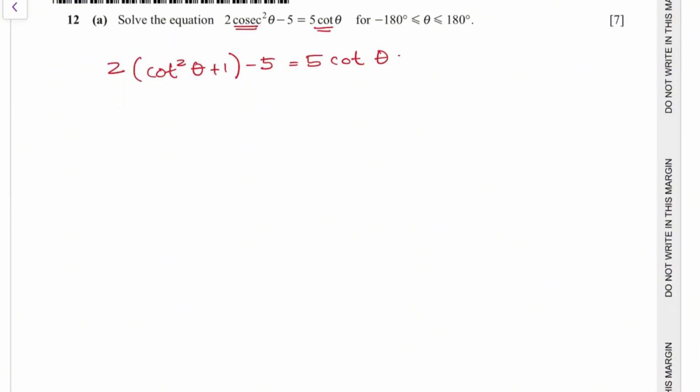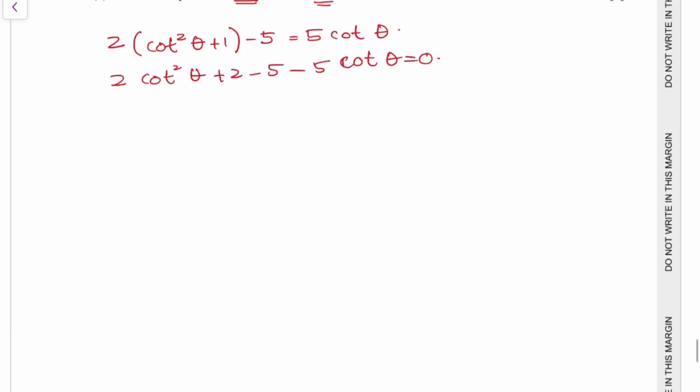You can expand this. You will be having 2 cotangent squared theta plus 2 minus 5 cotangent theta equals 0. You will end up in a quadratic form, which is 2 cotangent squared theta minus 5 cotangent theta minus 3 is equal to 0.